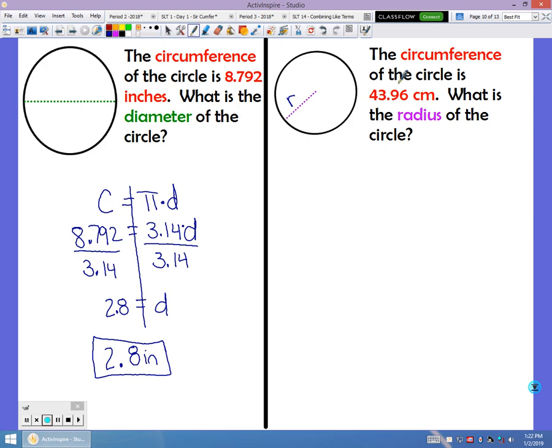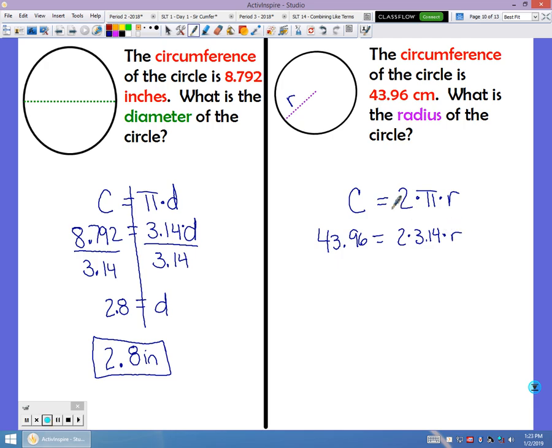Again, I have circumference and radius, so I'm going to use the formula for circumference that has the radius in it. In this case, they gave me the circumference, which is 43 96/100, equals 2 times 3.14 times r.